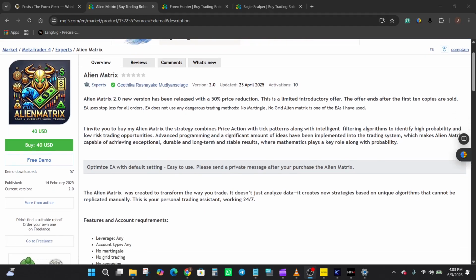Scrolling through the description, the developer positions this EA as a fully automated trading system built around price action combined with tick pattern analysis and some form of filtering algorithm. The idea here, according to the vendor, is that it focuses on identifying high probability setups while trying to keep risk controlled through structured logic.